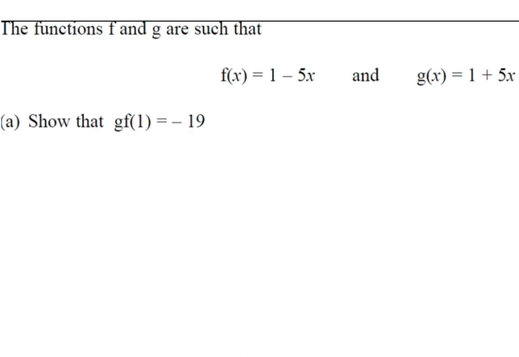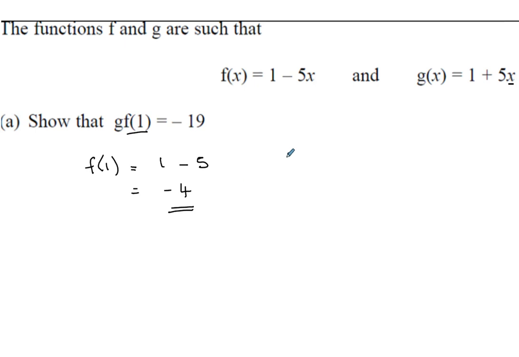Let's try another one. Show that gf(1) equals minus 19. So we stick in the value of 1 into that. So f of 1 equals 1 minus 5 times 1, which is just 5. So that gives us minus 4. And then we stick that into that x there.